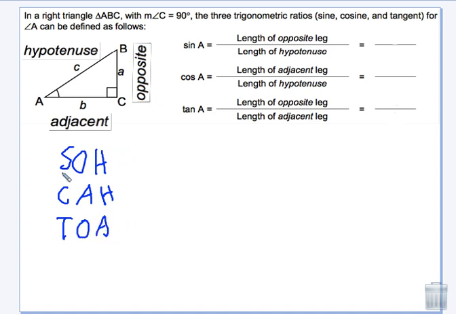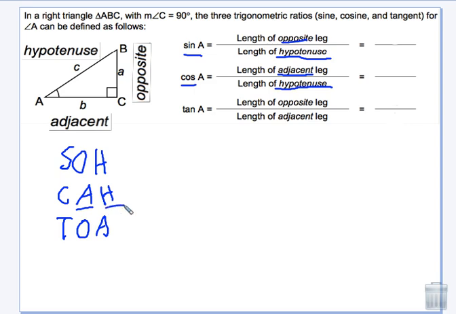Okay, so what is SOH CAH TOA? What does this mean? Okay, if you're looking for your sine, then you take the opposite leg length and divide it by the hypotenuse length. If you're looking for cosine, you take the adjacent leg and divide it by the hypotenuse.